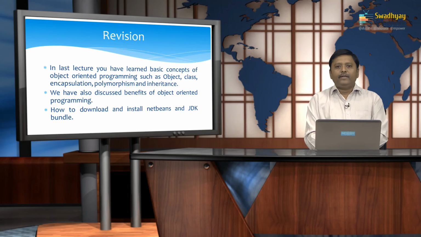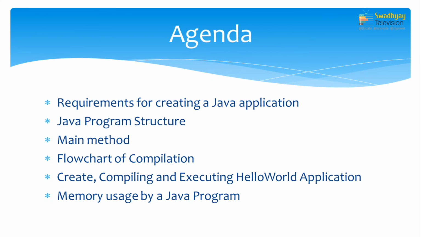And today's topic is Introduction to Programming. So, today we will learn how to write a Java program, but for that we first discuss the requirements for creating a Java application. Then we discuss Java program structure. One of the important parts of a Java program is the main method, so we discuss the main method in some detail.